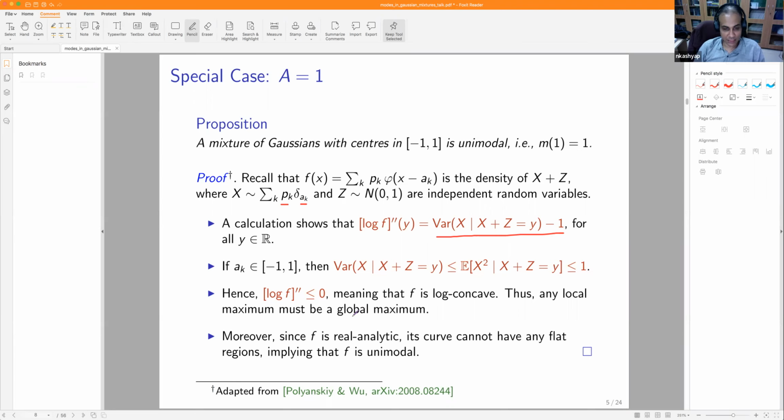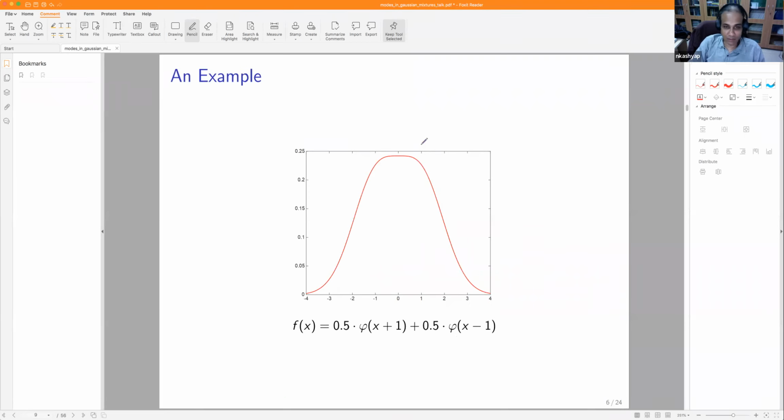So it's a nice little observation that was made in this paper of Polyansky and Wu. Here's one example, a mixture of two Gaussians. It looks remarkable: if you look at the center here, it looks pretty flat to me. This region on top looks pretty flat, but this is still a real analytic function, so in fact it is not flat.